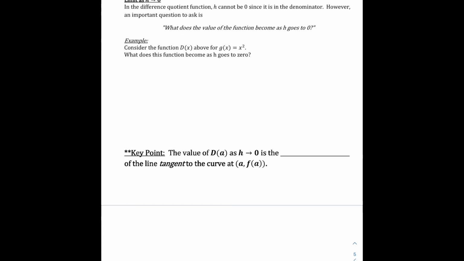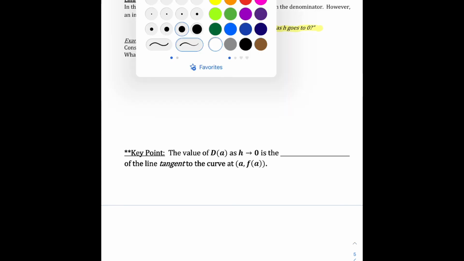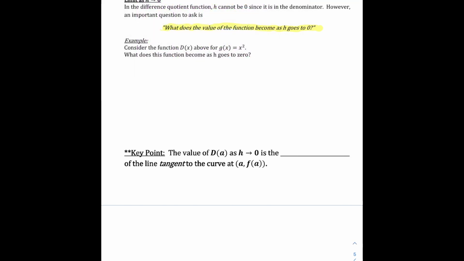So kind of like the big idea in the difference quotient function, again, what we started with, h cannot equal 0 because you can't have a denominator of 0. However, an important question is, what does the value of the function become as h goes to 0? So if I think about the function g of x equals x squared, if I were to graph it, it's a classic parabola.